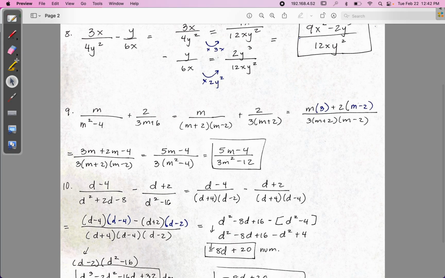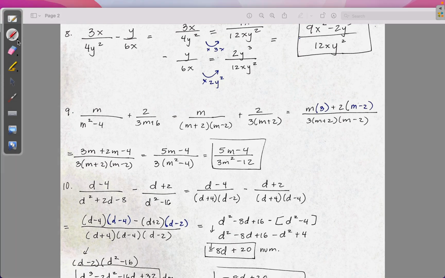You'll notice that if I draw some connecting lines here to make it a little bit easier to follow visually, I factored out here, and I factored out here so that I could more easily identify that the least common denominator was 3 times m plus 2 times m minus 2. Again, one way to think of it is this expression is divisible both by m plus 2 and m minus 2. You can see them literally inside of my answer. And it's also divisible by 3 times m plus 2.